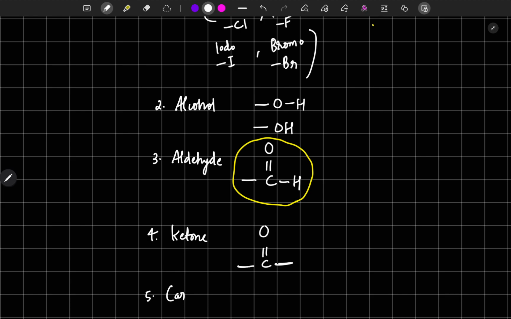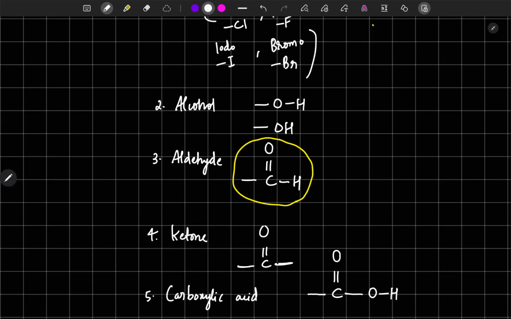Now another one is the carboxylic acid functional group. These are just the names of these groups of atoms, nothing other than that. Carboxylic acid functional group means there will be a carbon, and this carbon will be double bonded to oxygen, and also bonded to OH, and this will be bonded to another carbon.